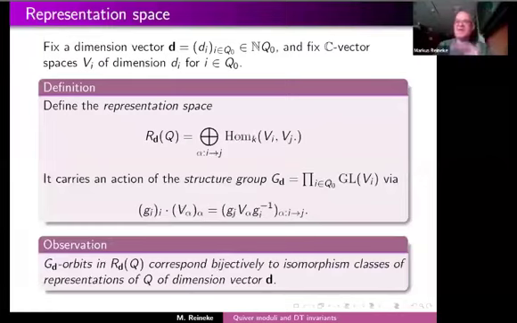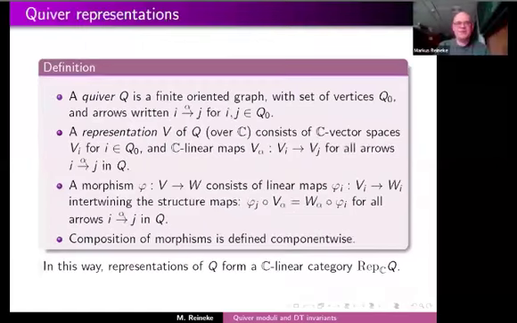And for this, let me quickly go back to one of the first pages where I defined the notion of morphisms of quiver representations, and then go back to this. So just keep this in mind. This is the action. And for this action, we consider the orbits, and they should be isomorphism classes. So now we'll go back a few slides. Here we go. That was the notion of map between quiver representations.